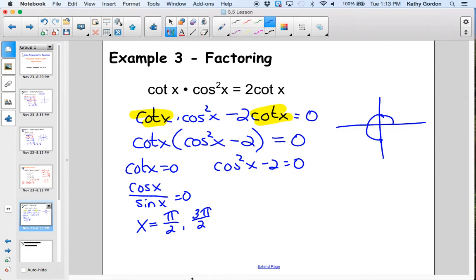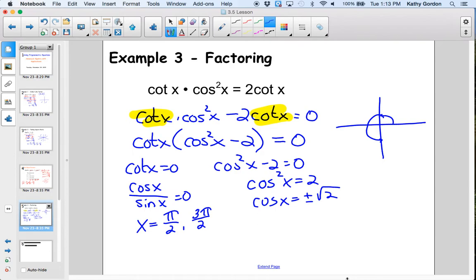Okay? Now we're going to come over here to our second factor. I'm going to add the 2 to both sides, and then I'm going to take the square root. So I want to figure out, when does cosine x give me plus or minus square root of 2? Now, there should be little alarms going off in your head right here.